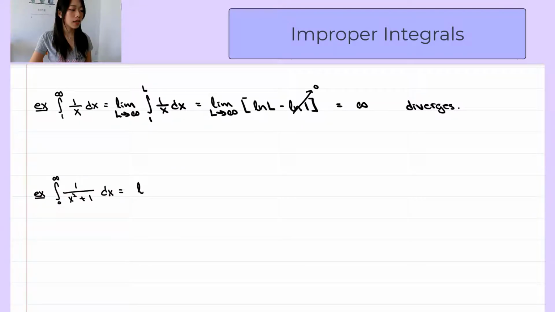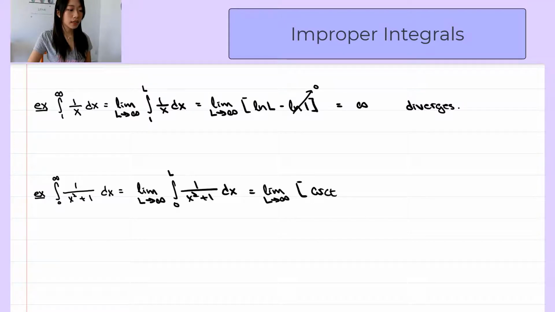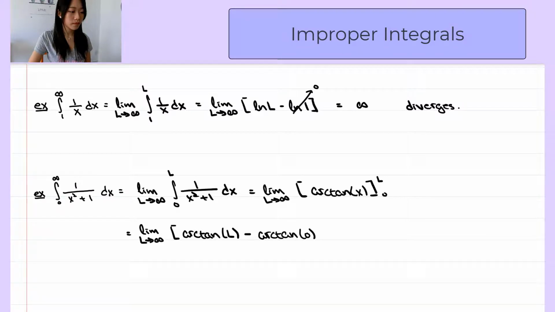We replace the infinity and take the limit as the value L approaches infinity of the integral of 1 over x squared plus 1, evaluated from 0 to L, which equals the limit as L approaches infinity of arctan of x evaluated from 0 to L, which equals the limit as L approaches infinity of arctan of L minus arctan of 0. arctan of 0 is 0, and the limit as L approaches infinity of arctan of L is pi over 2.